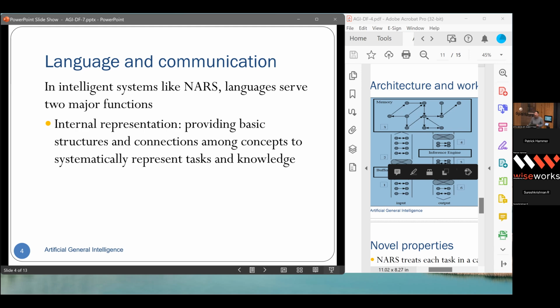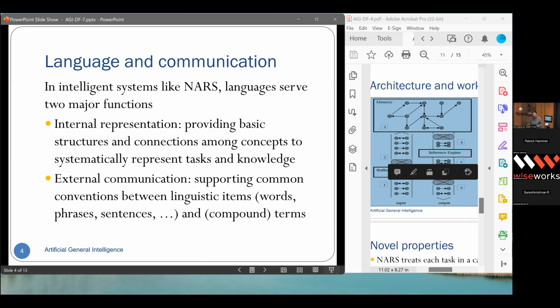One sense is language used for knowledge representation. That is, within the system, all the knowledge is typically described as sentences of a certain language. In the NARS situation, of course, that is Narsese. That's the language used for this purpose.